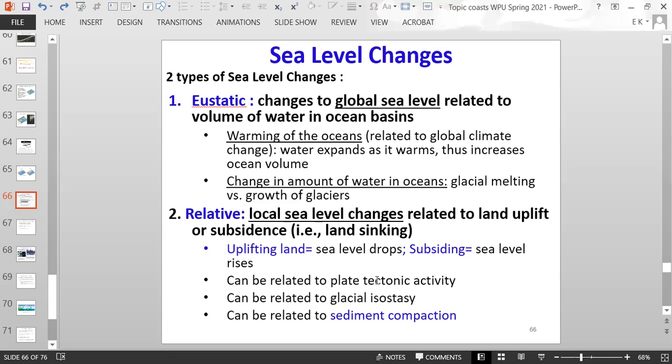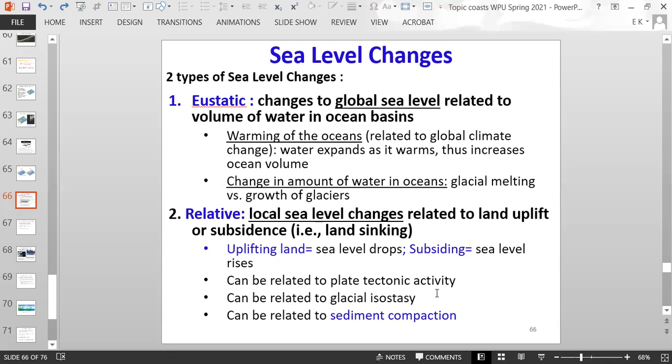So relative sea level change is local sea level change, and that's related to land uplifting or land subsiding, which is basically land that sinks. So if land becomes uplifted, the sea level is going to appear to drop. If the land is subsiding, your sea level is going to rise. And these changes can be related to plate tectonic activity, glacial isostasy, and sediment compaction.